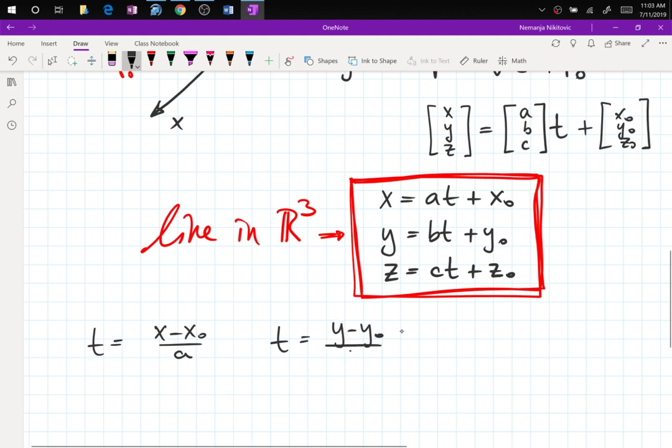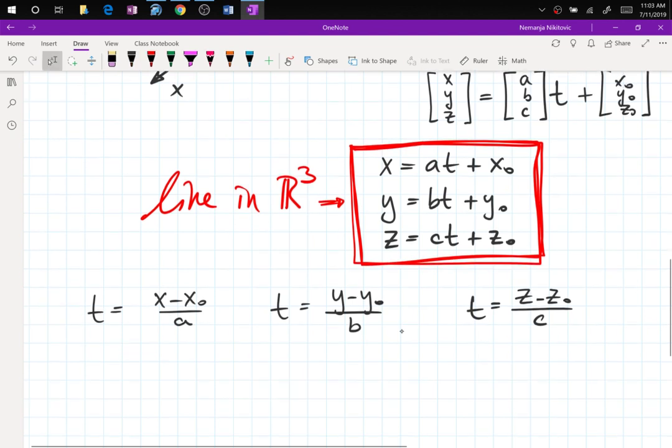And t from the third equation is z minus z0 over c. So that's what we have when you solve for t in each one of these. And because it's t equals, and t equals, just equate them all together to get x minus x0 over a is equal to y minus y0 over b is equal to z minus z0 over c.